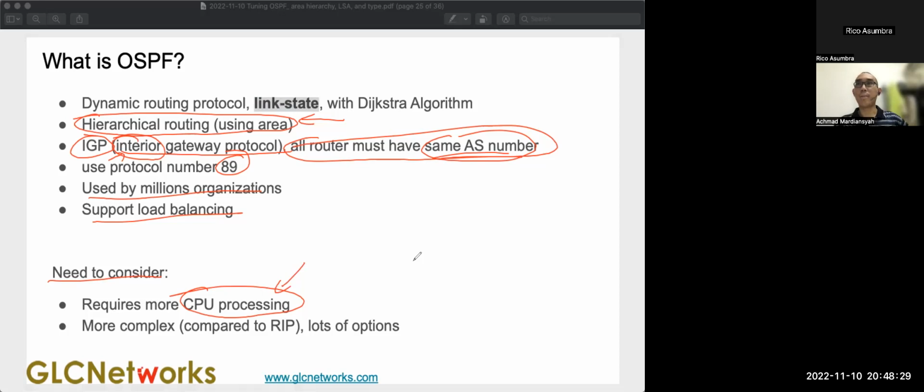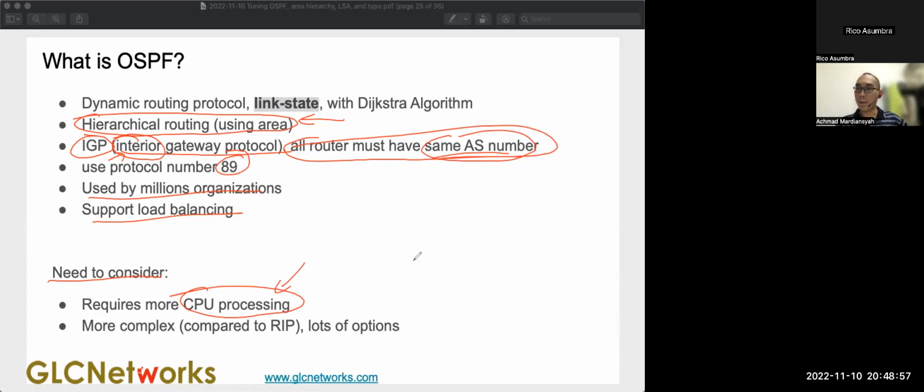Why? Because nowadays the CPU power of a router is very high compared to maybe 20 or 30 years ago. Unless you have a very specific case where your CPU goes high because of that.